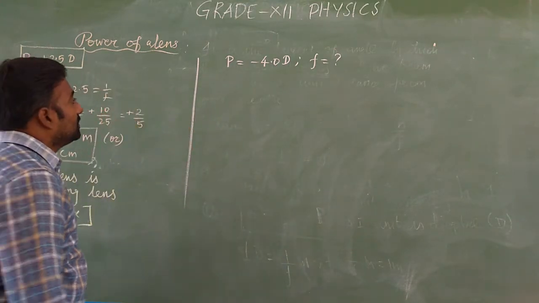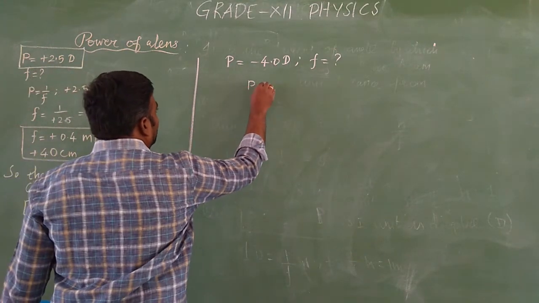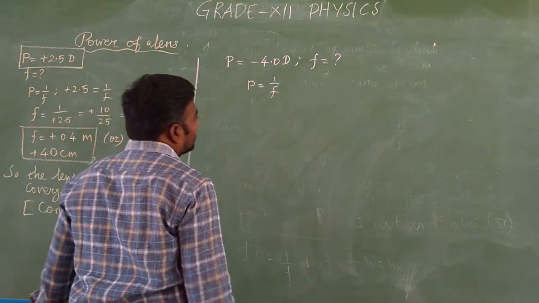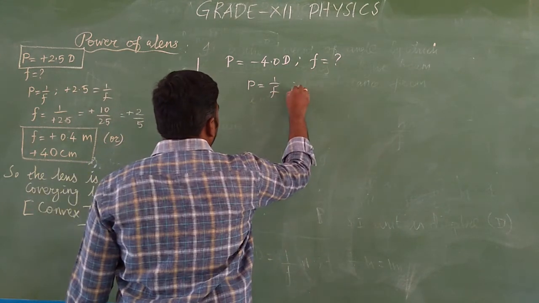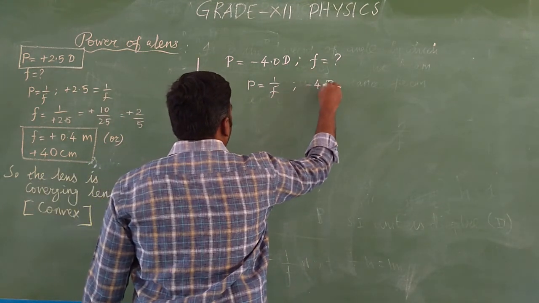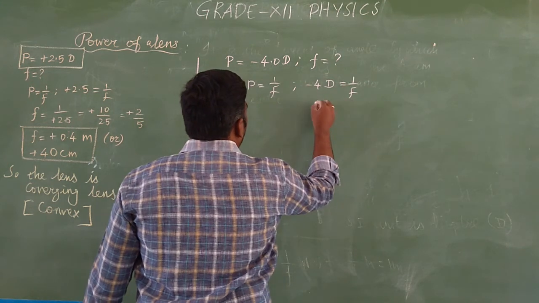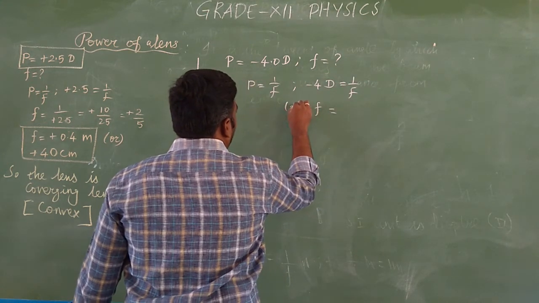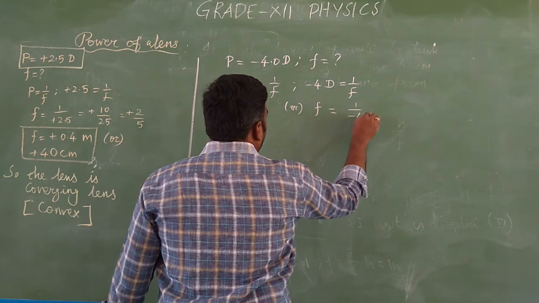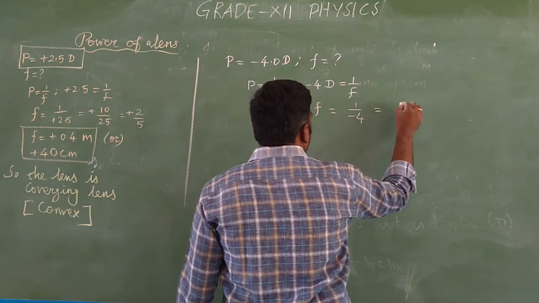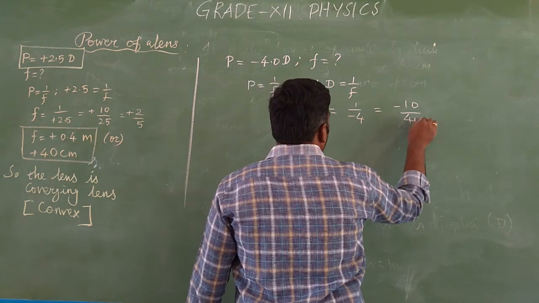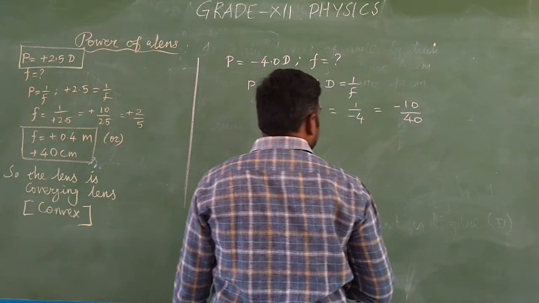Okay. So we know the formula. Power is the reciprocal of focal length. And power is given already, that is minus 4 diopter, which is equal to 1 by f, or f is equal to 1 by minus 4, which is equal to minus 10 by 40. What is minus 10 by 40?